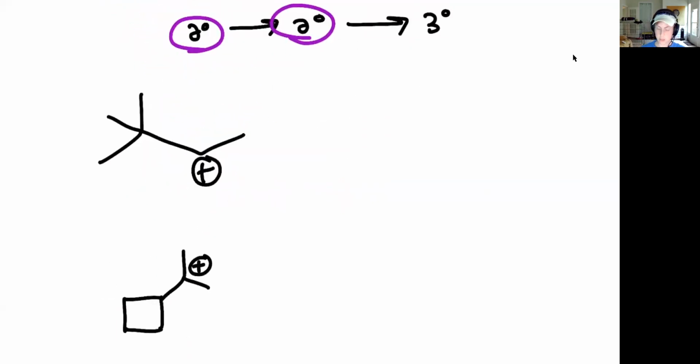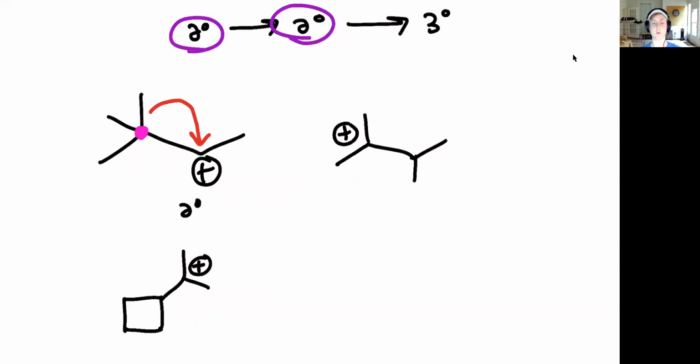So in the next example, we are starting off with a secondary, and instead of moving a hydrogen, in this case, we don't have any hydrogens. And so we have to move a methyl. We'll move a CH3 group, and we will get this. Again, keep in mind which atom is going to end with the positive charge.